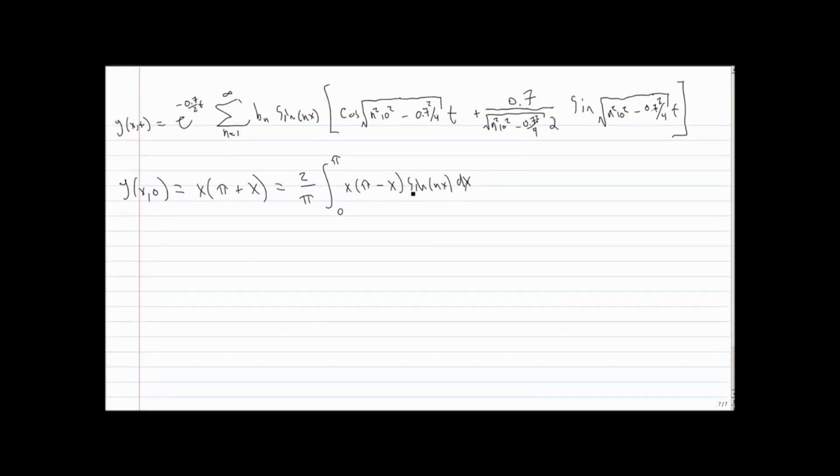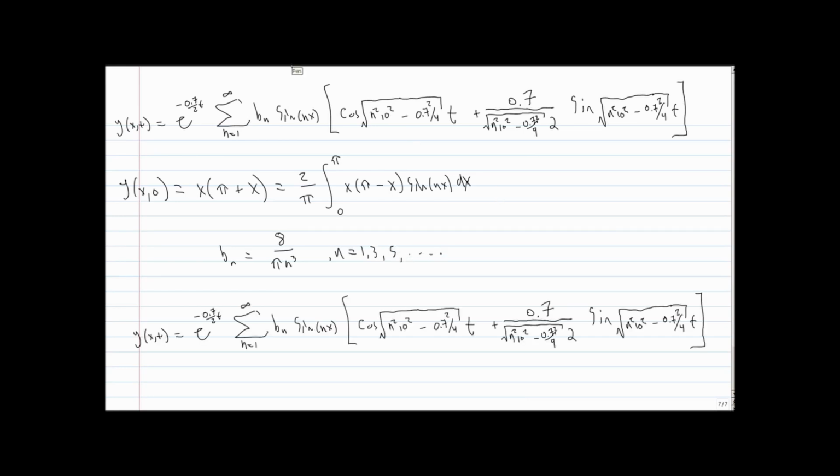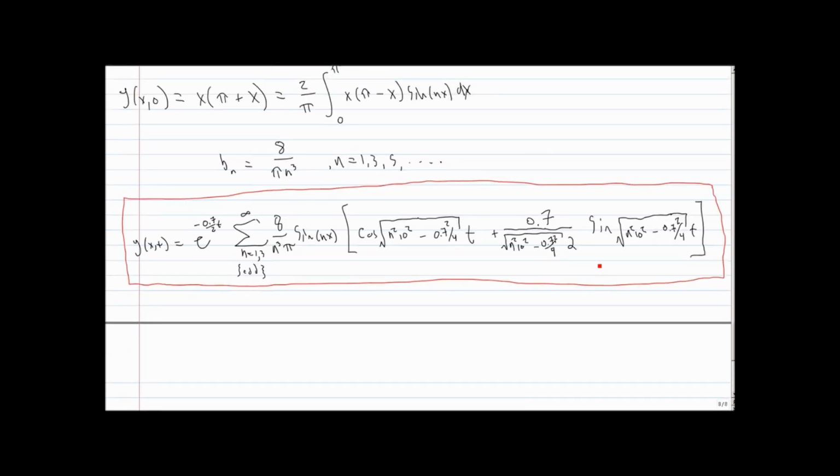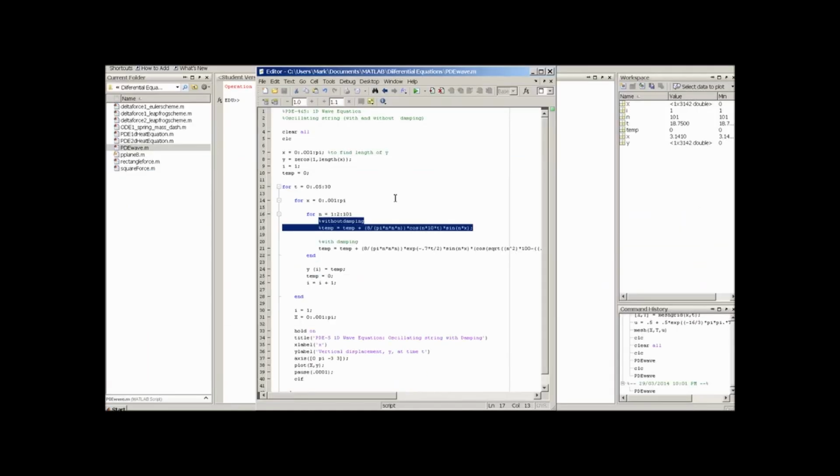Well, it means that all of our coefficients are the same as in our first example, where n is odd. So this leads us to the following result. So this is our result, and I will show you the MATLAB code.